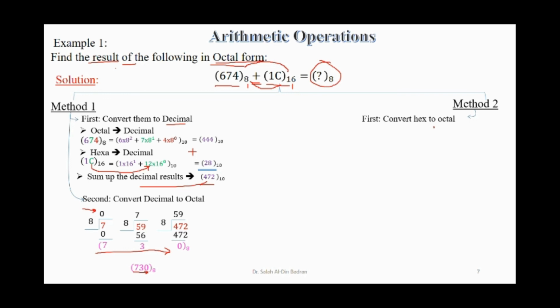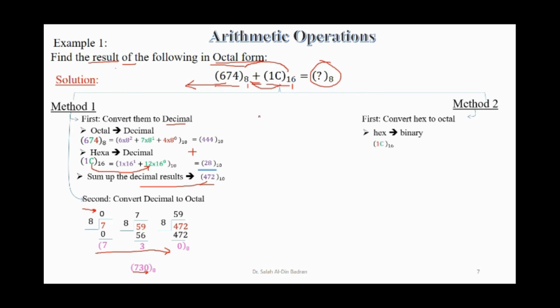This is easier than taking this octal and converting it into hexa, because we would need another process, another arithmetic operation, converting the result into octal. So we will save our time and convert the hexadecimal into octal. This is what we are going to do.